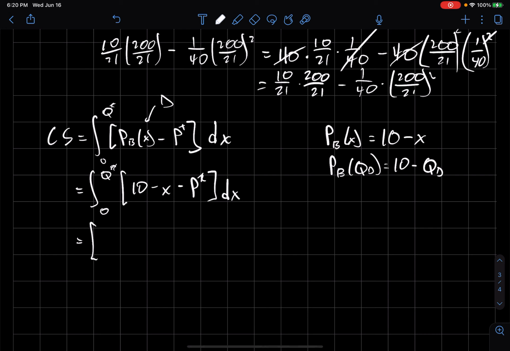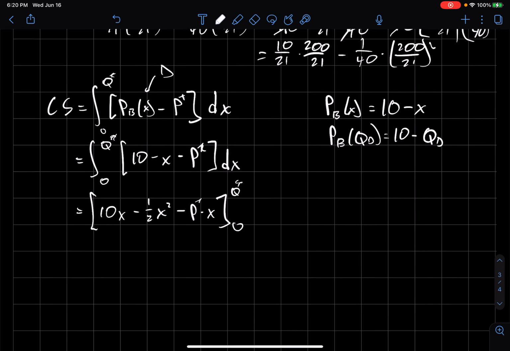So evaluating this integral, we get 10 times X minus 1/2 X squared minus P star times X, evaluated from 0 to Q star.